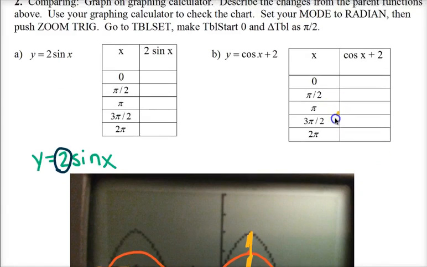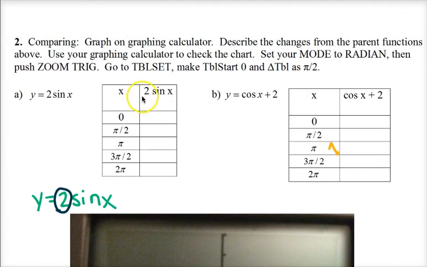So whenever you see a number out in front of a function, I want you to multiply the y values by the number. Multiply output values by 2 in this case. So before, when we had 0, if we multiply that output value by 2, we still have 0.